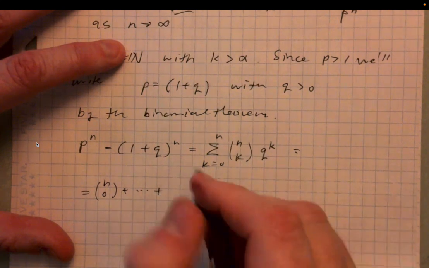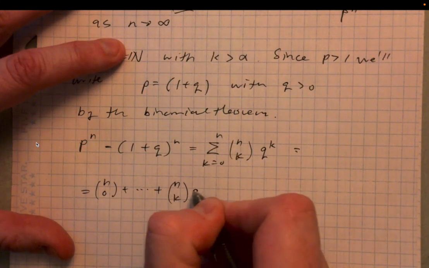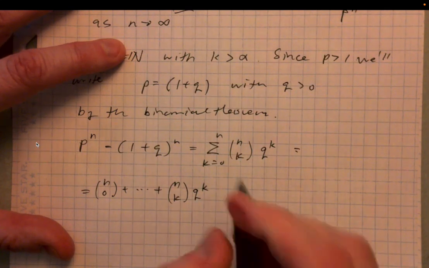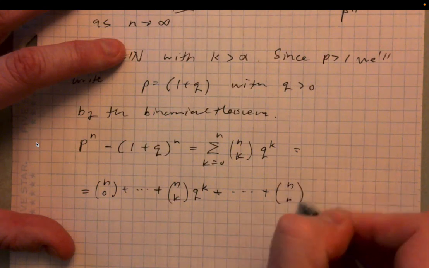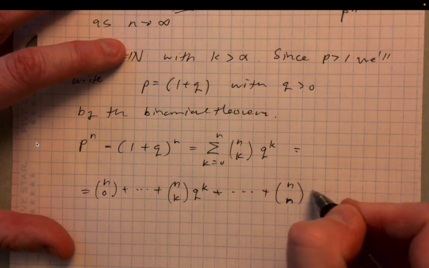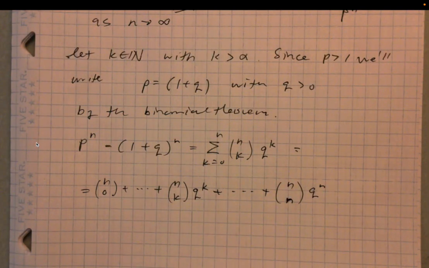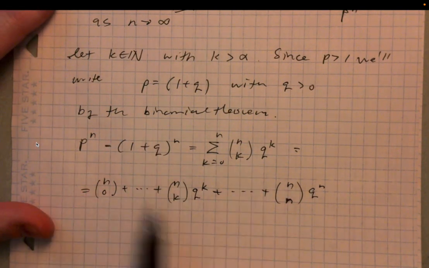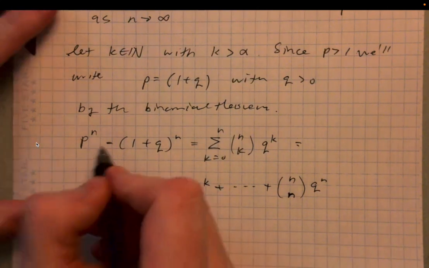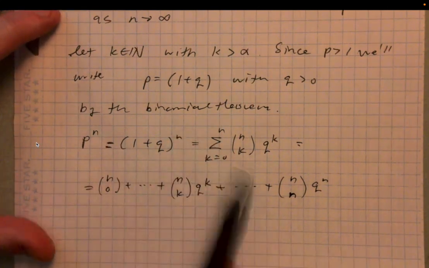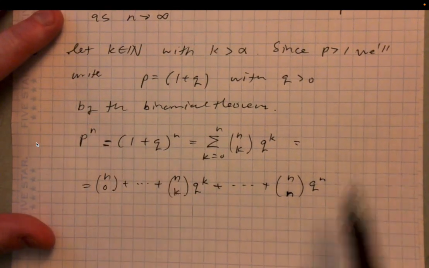And I'm going to jump up here because I want the kth term in here. n choose k, q to the k, plus dot, dot, dot, plus n choose n, q to the n. Okay. And so this is the normal expansion for (1 plus q) to the n. So this is just the binomial theorem.